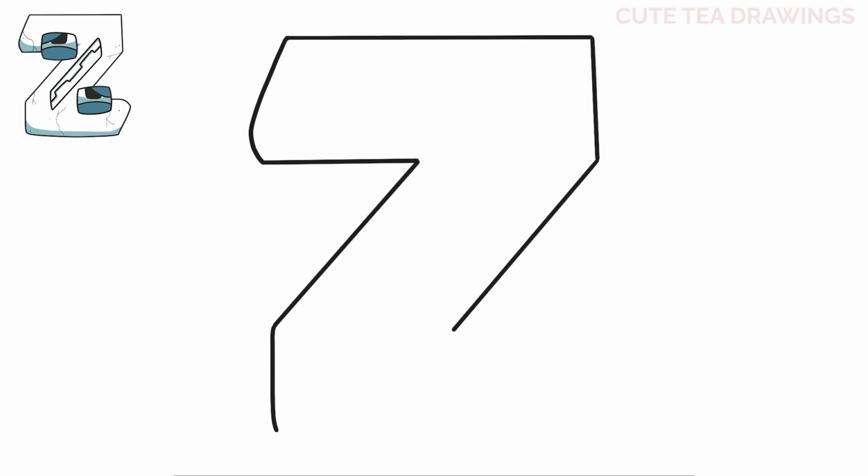And from the right, let's curve it out and down at the end. Then let's angle it back in. And then a line across the bottom to close it off. And that's it for the shape of the letter Z.